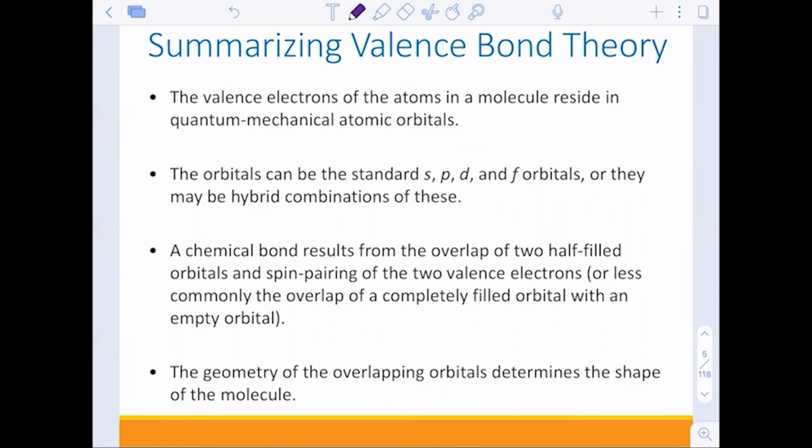And a chemical bond results from the overlap of two half-filled orbitals. Again, one electron from each atom needs to come together in this bond. So the geometry of the overlapping orbitals is what really determines the shape of the molecule. And this last one is where we really want to focus. This valence bond theory is enhancing what we see in VSEPR theory.